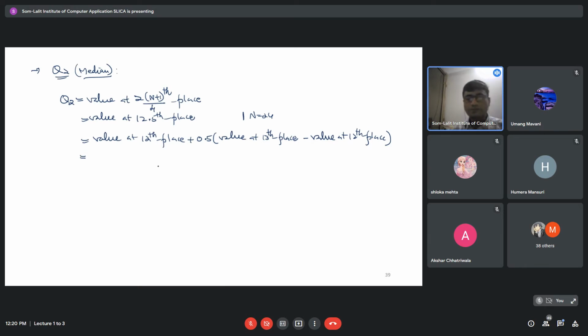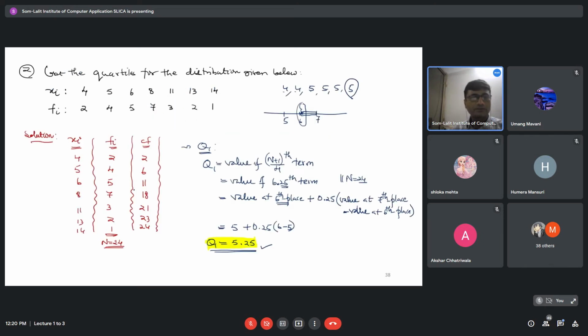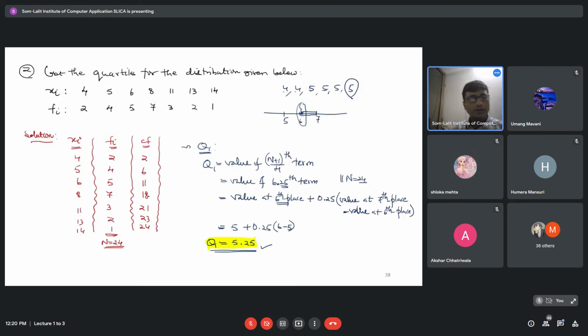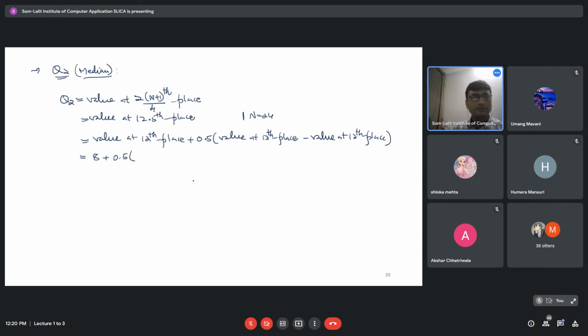Now which observation will fall at the 12th place? Tell me from this data. 8. Yes, it will be 8. So this is 8 plus 0.5 into, which observation will fall at the 13th place? It is also 8, yes. And at the 12th place you had 8. So this is just 0. So Q2 equals 8.